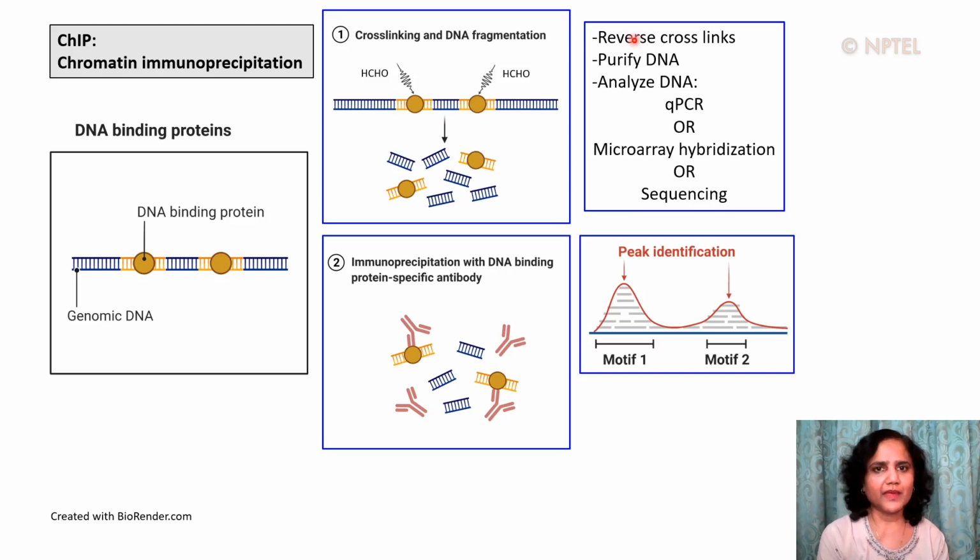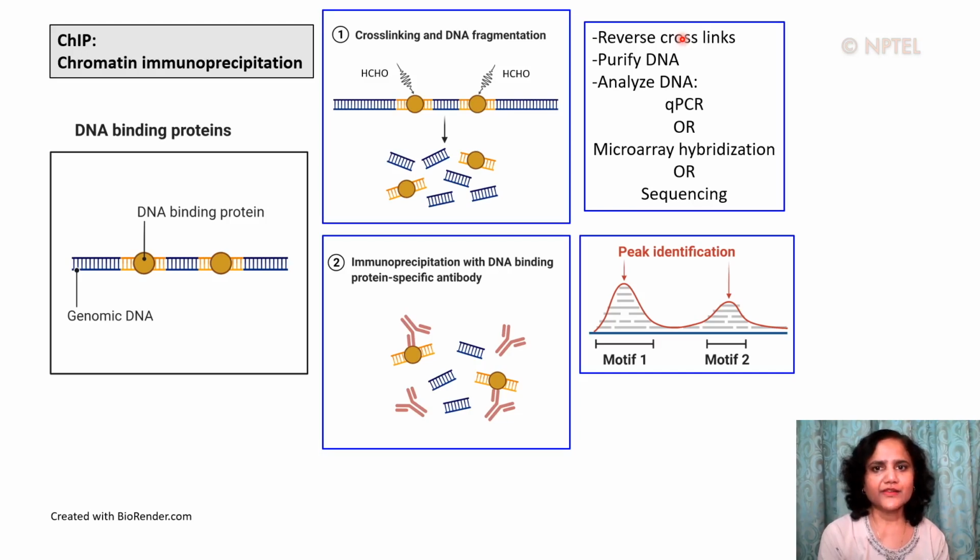In chromatin immunoprecipitation, chromatin is cross-linked first using formaldehyde, and then it is fragmented. Then a DNA binding protein specific antibody, an antibody to your protein of interest, is used to pull down that protein and its associated DNA sequences.